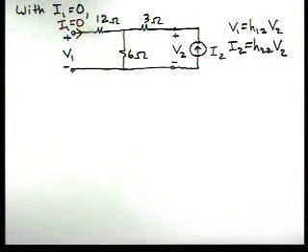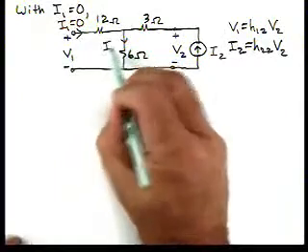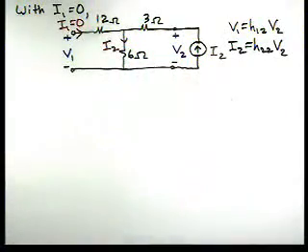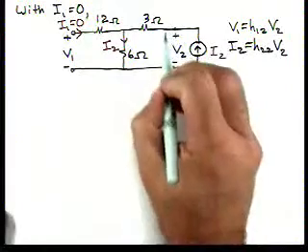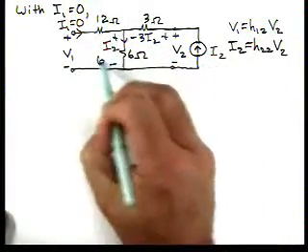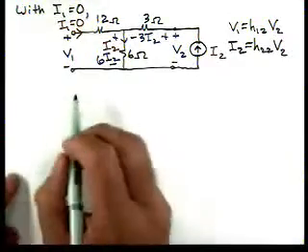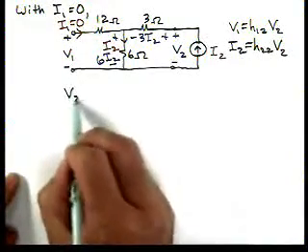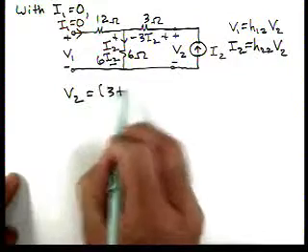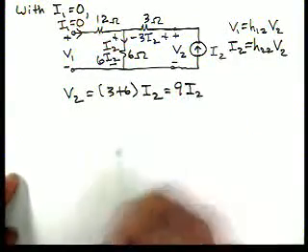So if we look at our circuit, here's I2 flowing through that resistor after we do Kirchhoff's current law. So we have 3 I2 here, 6 I2 here. So then V2 is 3 plus 6 times I2, which is 9 I2.